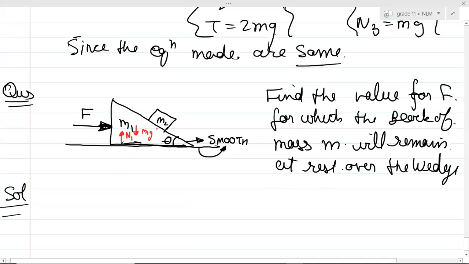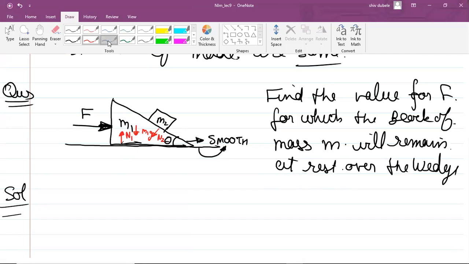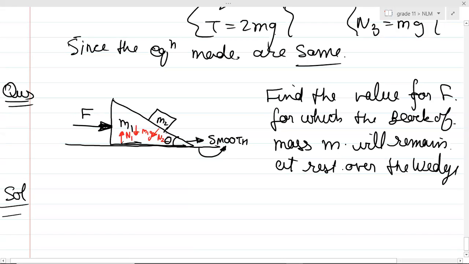And can you see this m2 will be trying to push it downwards with N2 in this direction? All the forces drawn in red are acting on m1. Then what all forces will be acting on this m2? Can you see this N2, which this block was pushing? For every action there is an equal and opposite reaction. So N2 in this direction, m2g in the downward direction.